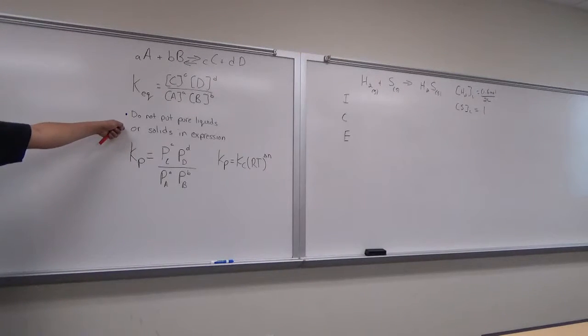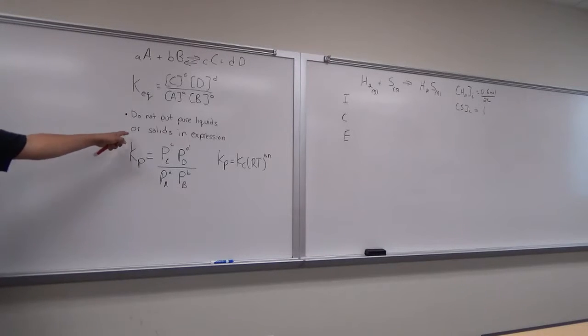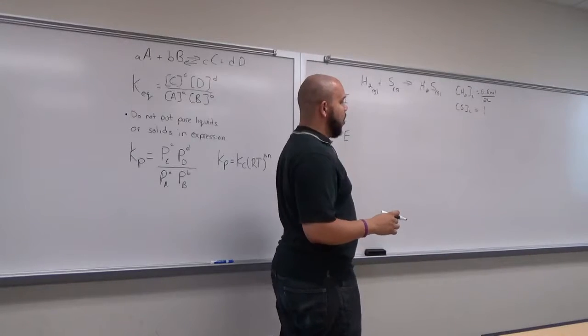Because it's solid. The reason is that the concentration of solid sulfur will never change, right? Because the density is an intrinsic value. So we can't put that in there. That was the reason why I wanted to zoom in and make sure it wasn't a gas. Okay?